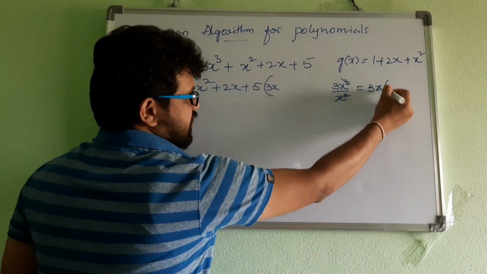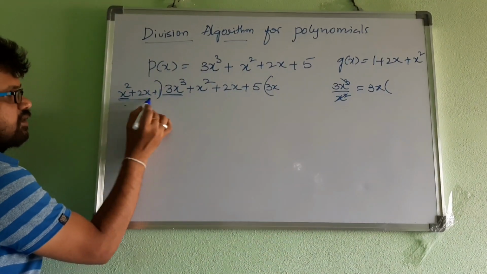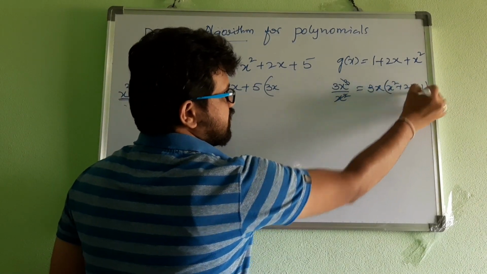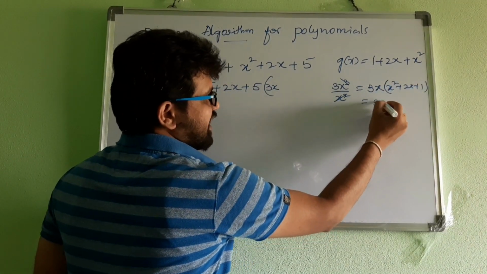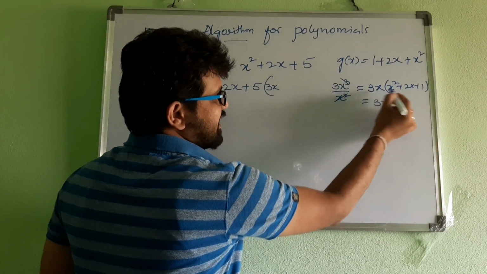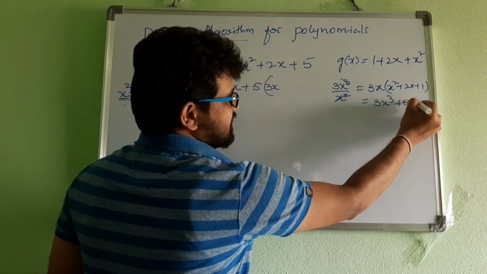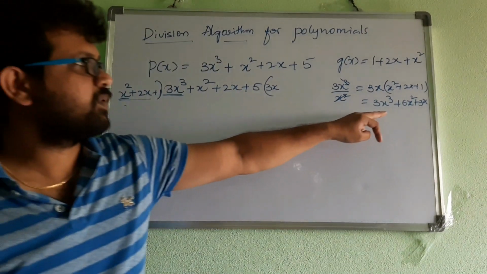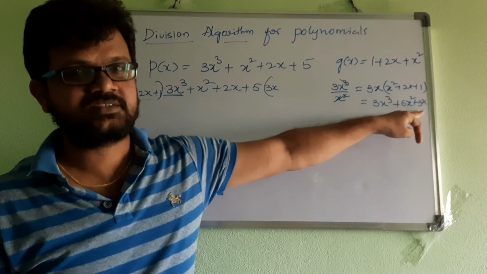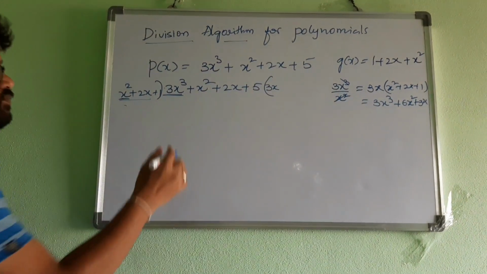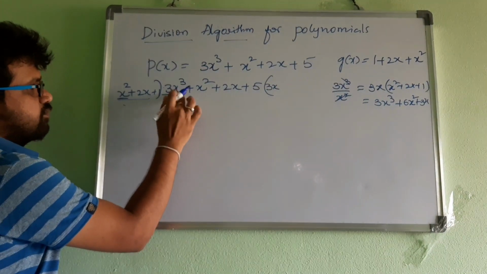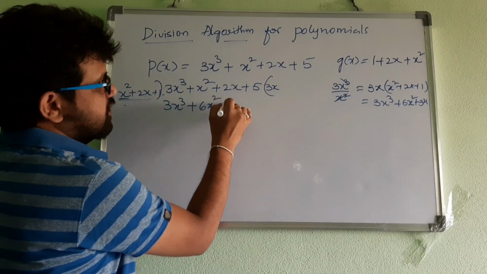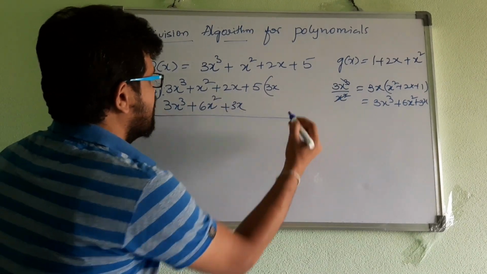With this 3x you have to multiply the total divisor, x square plus 2x plus 1. We get 3x cube plus 6x square plus 3x. Write this here, and now subtract.